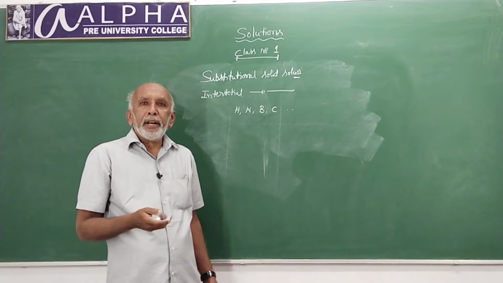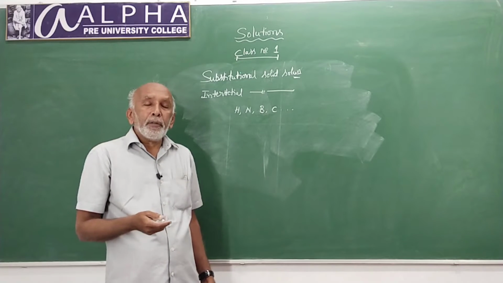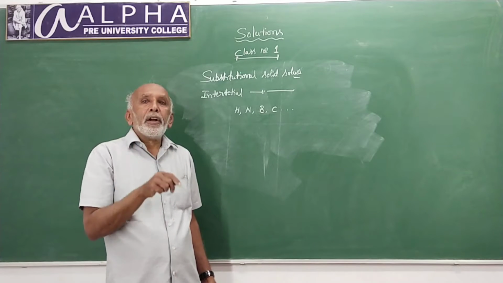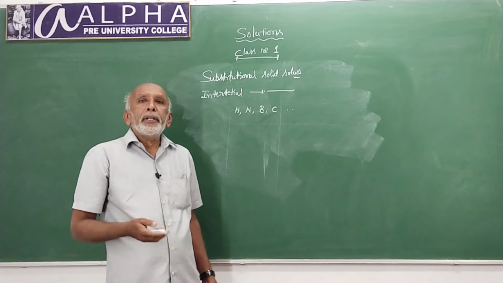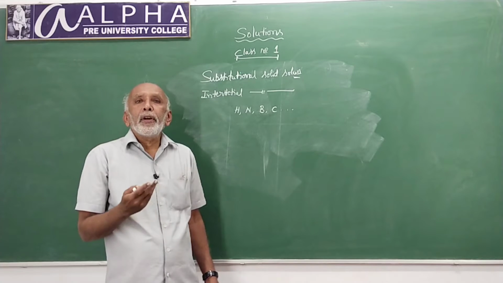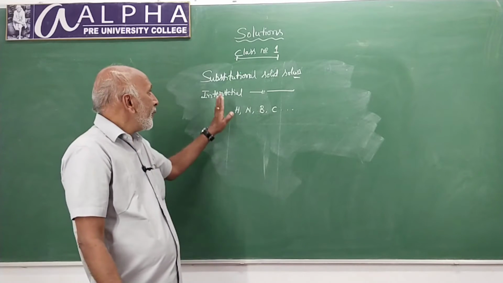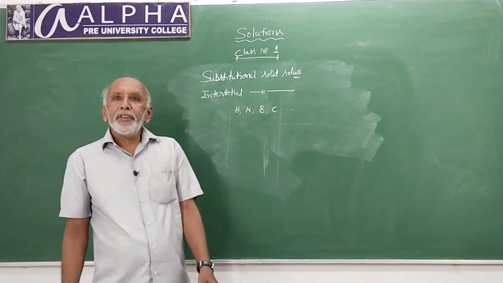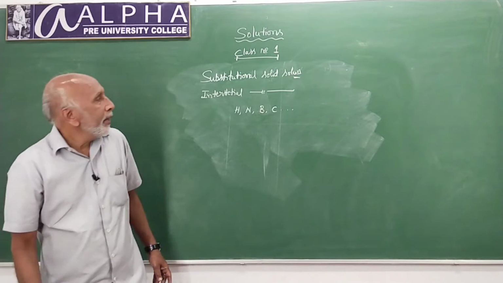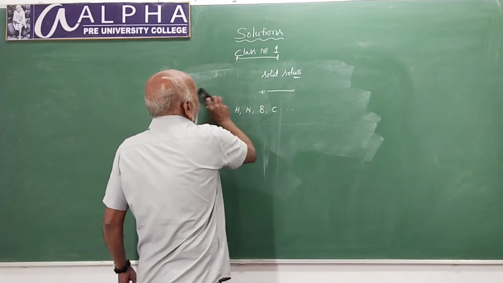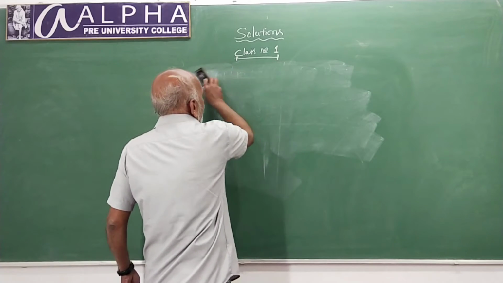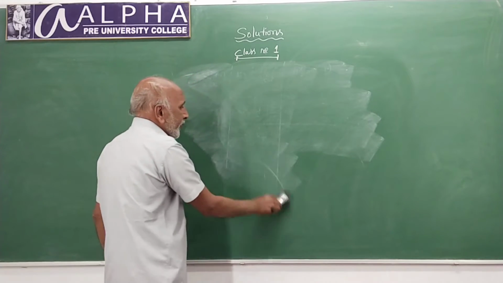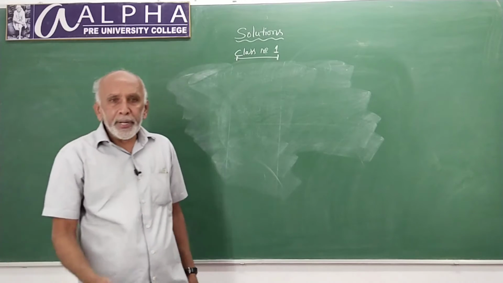Similarly, tungsten nitride or tungsten carbide, in which nitrogen or carbon are trapped in the interstitial positions of tungsten. So this is about solid solutions, substitutional and interstitial solutions.